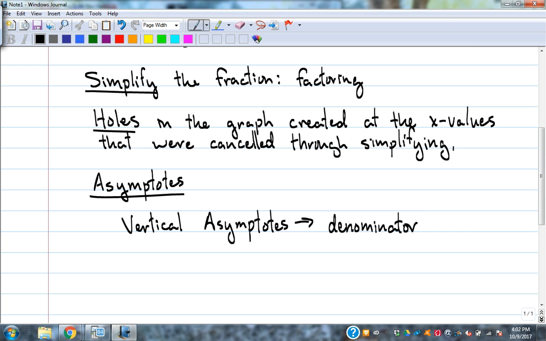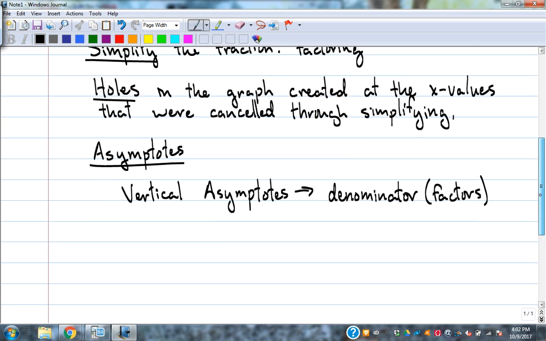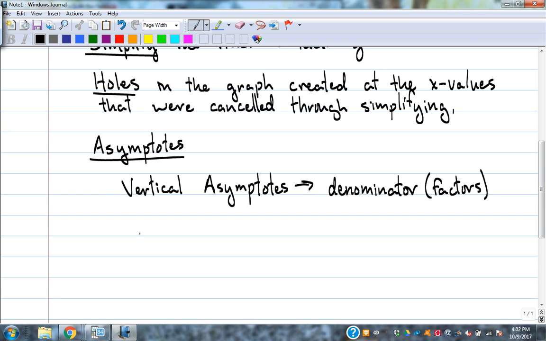Your vertical asymptotes can occur on any rational function through the factors of the denominator, causing vertical asymptotes to exist. You want to look at those factors of that. So like if you had x plus 4 as a factor in the denominator, that means x equals -4 is a vertical asymptote. It makes a vertical line out of that. We'll see that when we get some examples of it. But vertical asymptotes can exist on any rational function.